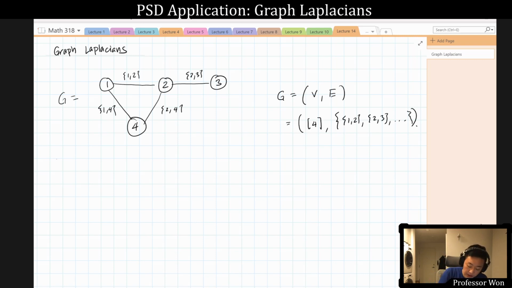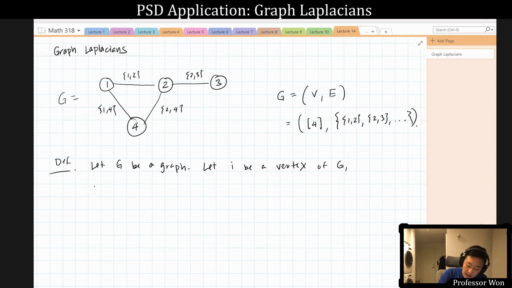Okay, now for a new definition. So let G be a graph, and let i be a vertex of G, so a node.